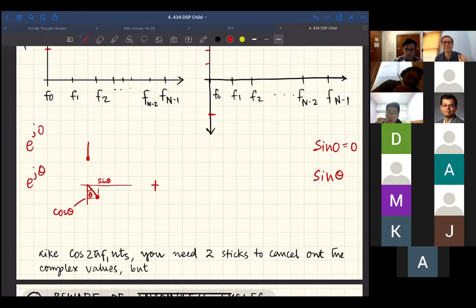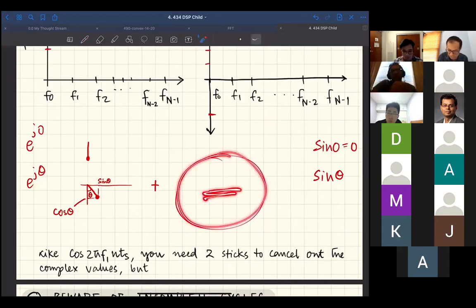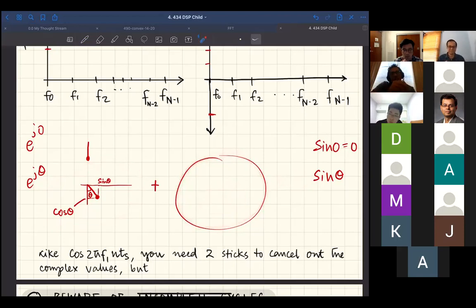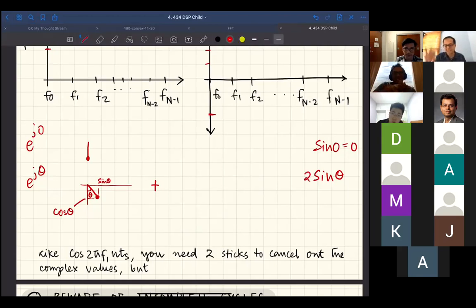What should that stick be so that when you add that stick to this one, whatever we are going to draw here, it's going to give me sine theta? Let's say it should give me 2 sine theta. Let's not worry about the magnitude. We just want to cancel off this cos 2 theta.